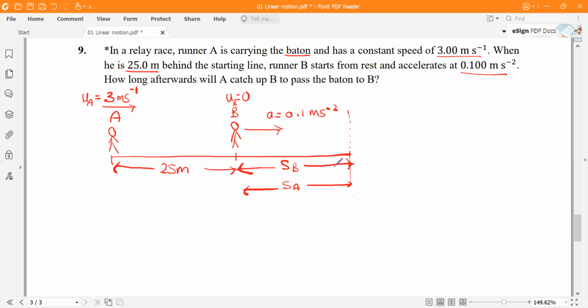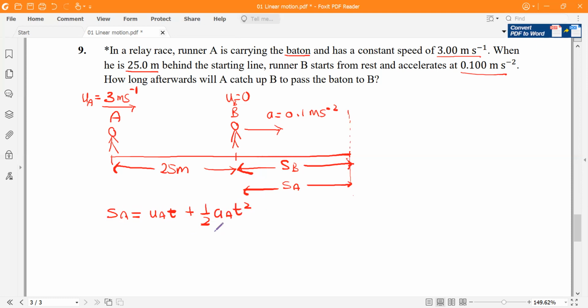So now go back, the same idea. You have this information, so you can form an equation to find the distance traveled by A. SA equals the initial speed UA times the time, plus half acceleration t squared.